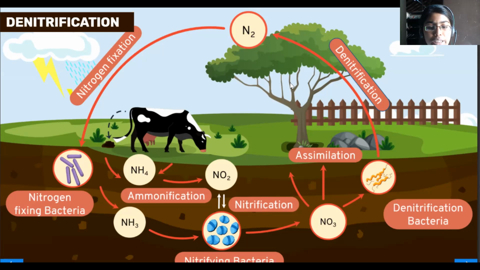Third is nitrification. Fourth is assimilation. What is the third one, ma'am? Nitrification. Fourth one is assimilation. Fifth one is denitrification.